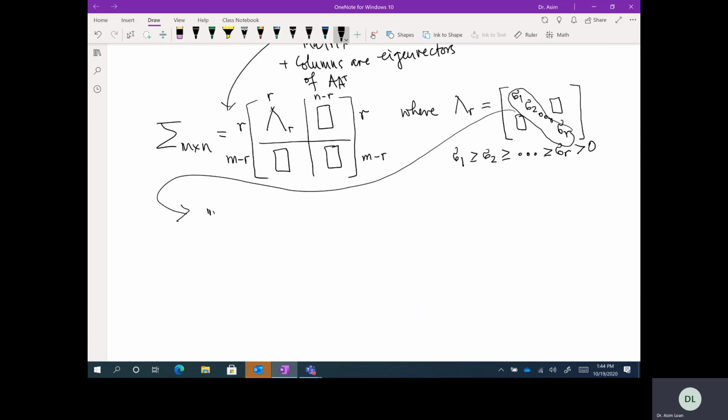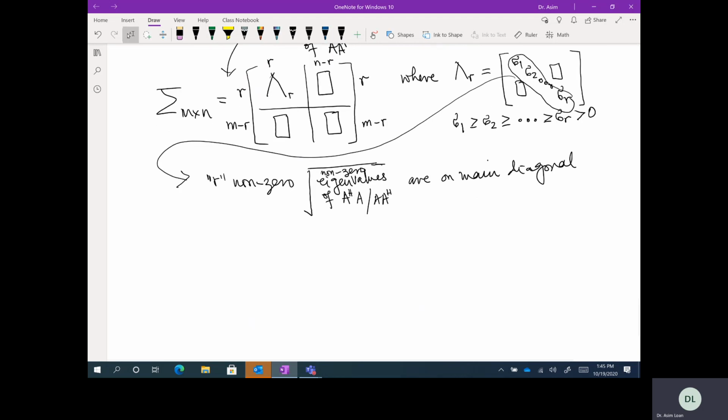So these are the square roots of the non-zero eigenvalues of A^H A, or maybe I want to do A A^H. So the non-zero eigenvalues of A^H A or A A^H are on the main diagonal.